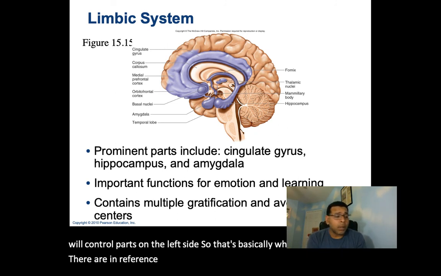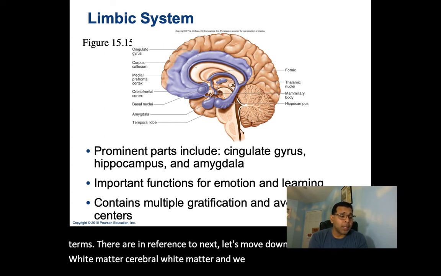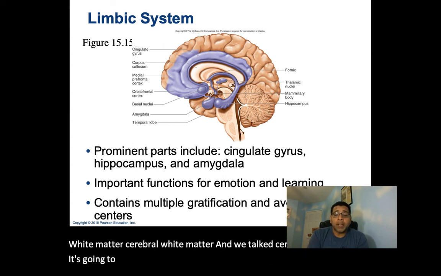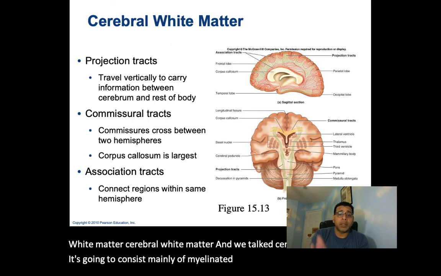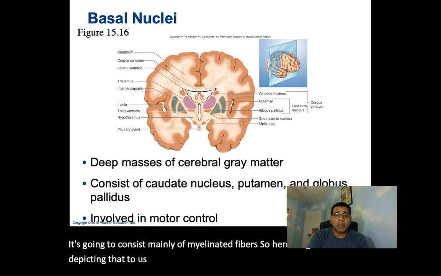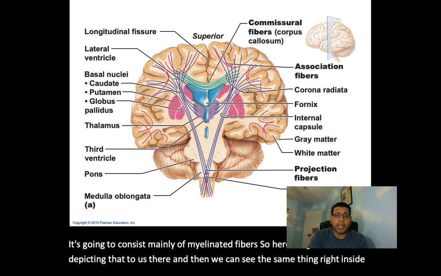Next, let's move down to white matter, cerebral white matter. When we talk cerebral white matter, it consists mainly of myelinated fibers. Here's a good view depicting that, and we can see the same thing right inside here besides the basal nuclei.